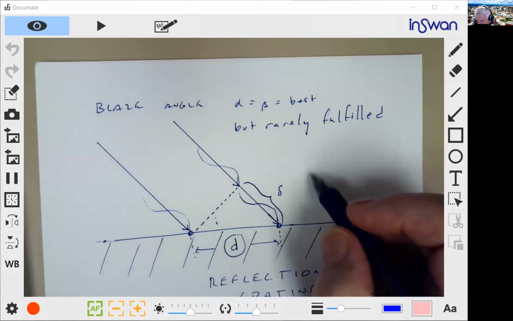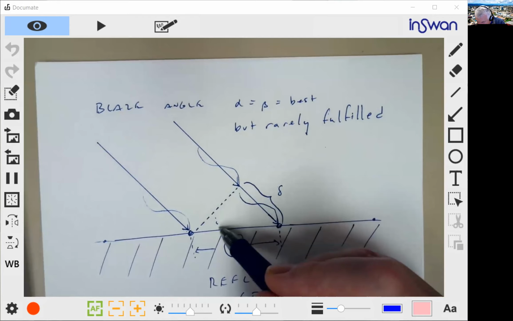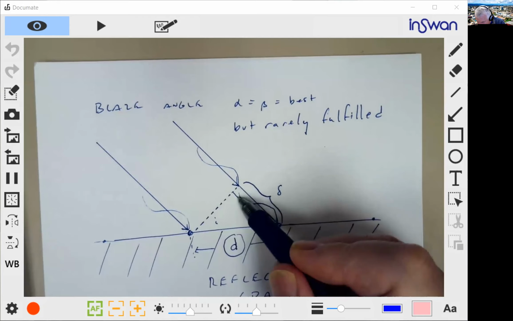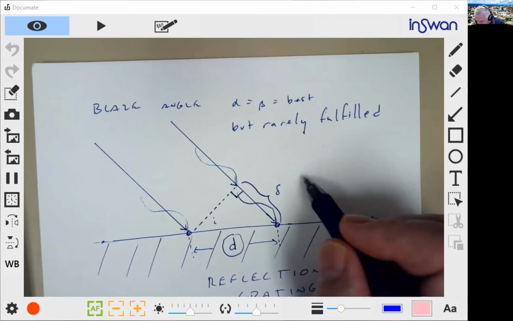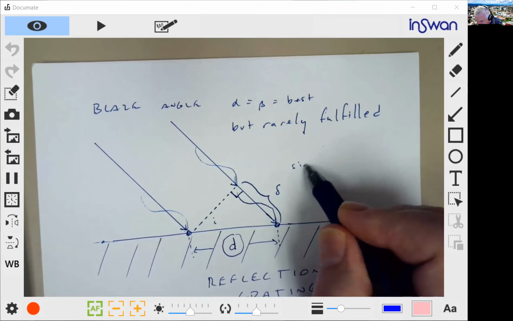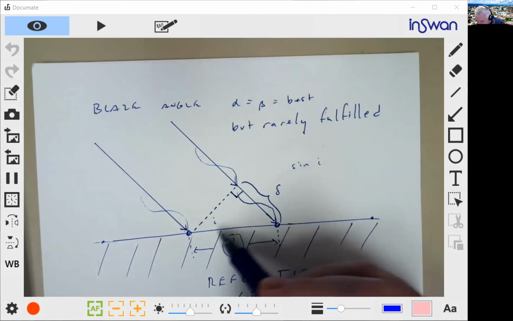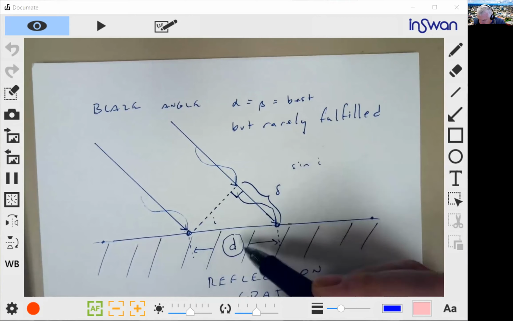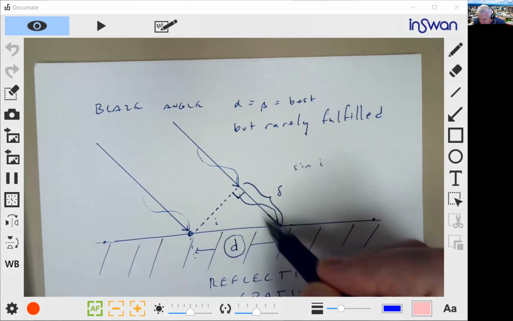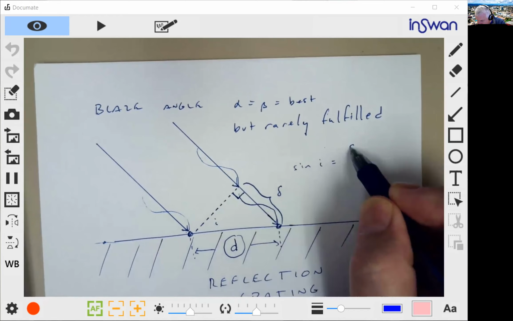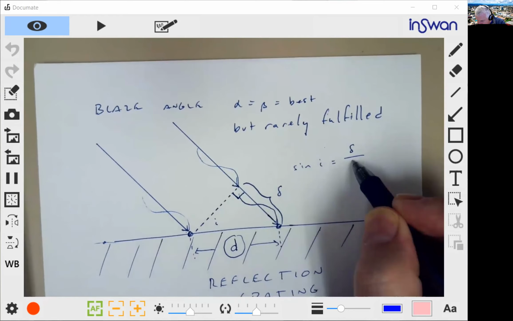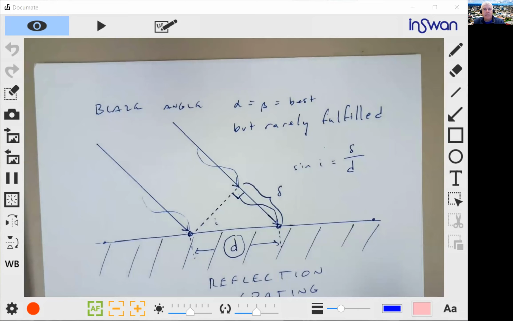And so delta, for this angle I here, this is a right angle here, so the sine of I is equal to delta over D. It's opposite over hypotenuse. So that's delta over the grating constant D.